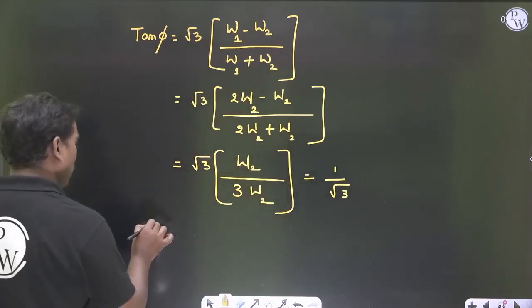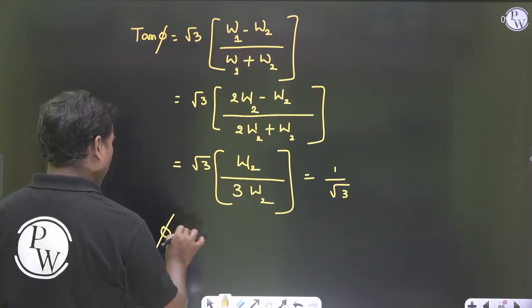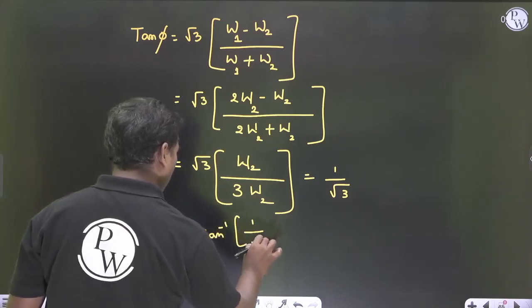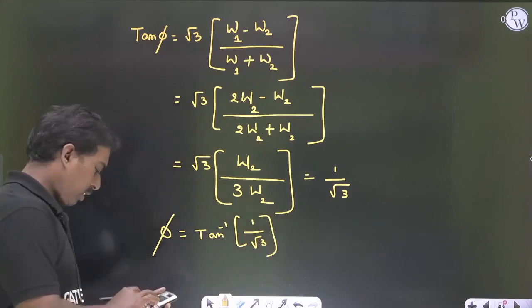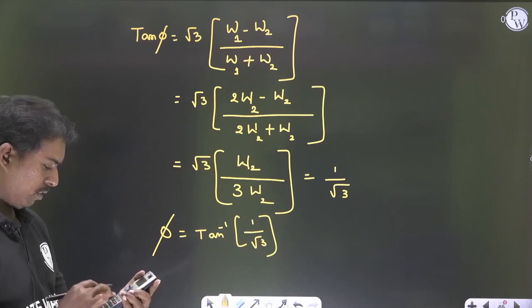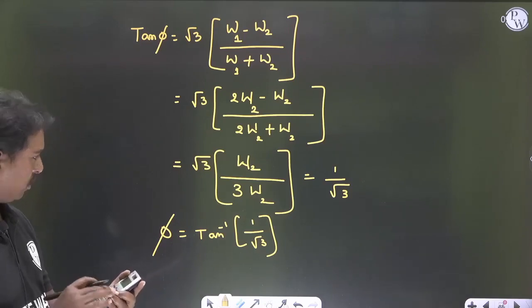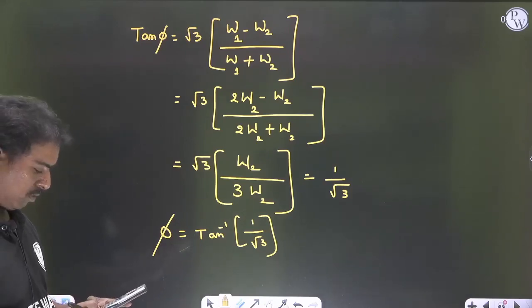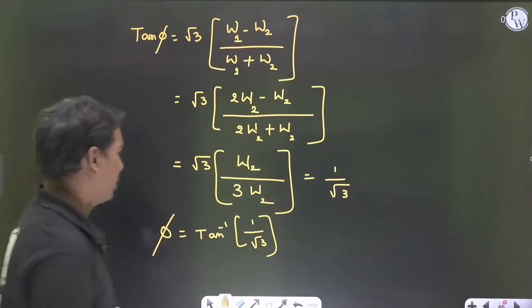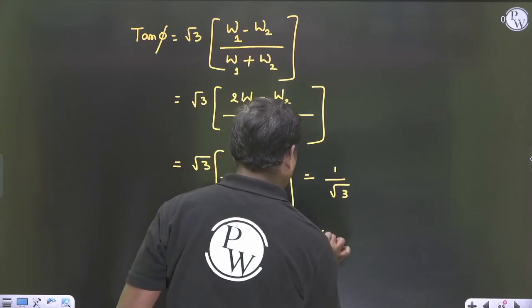So tan phi is equal to 1 by root 3, which means phi is equal to tan inverse of 1 by root 3, that is 30 degrees.